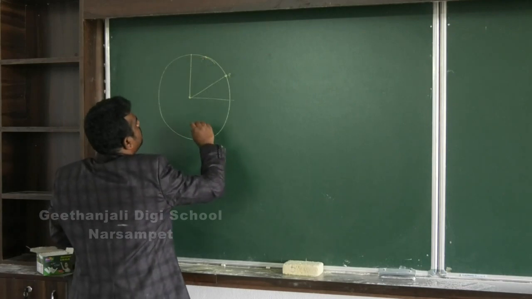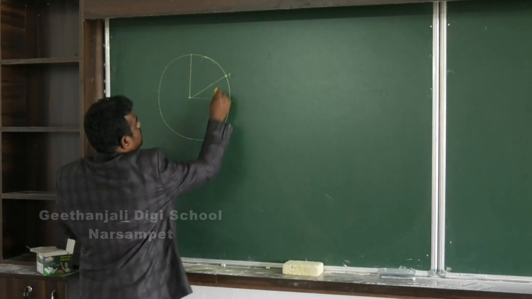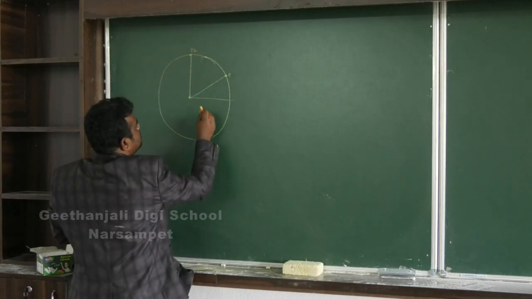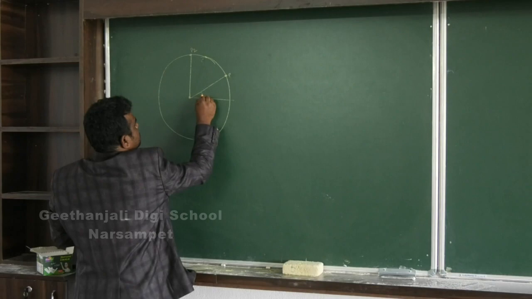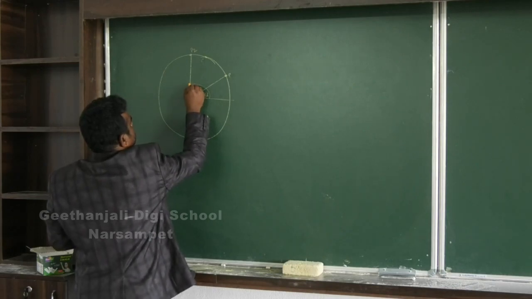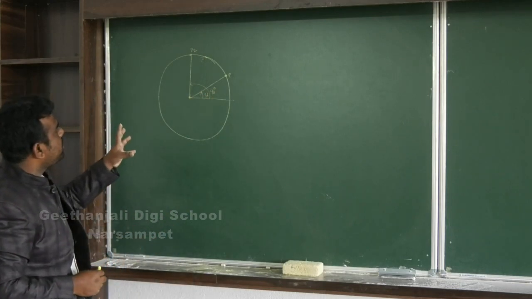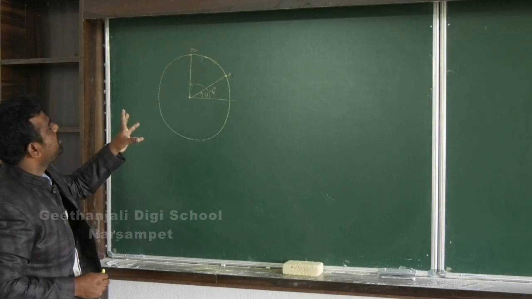Okay. Now the particle is moving from P1 to P2. Yes, the angular position of the first particle is 30 degree, and now this is equal to 90 degree. Right. Now we have to find out the angular speed of that particle.